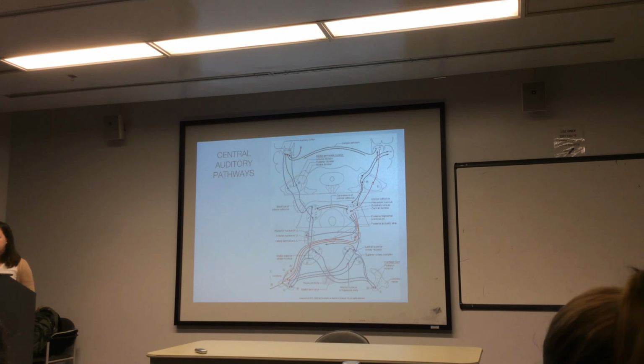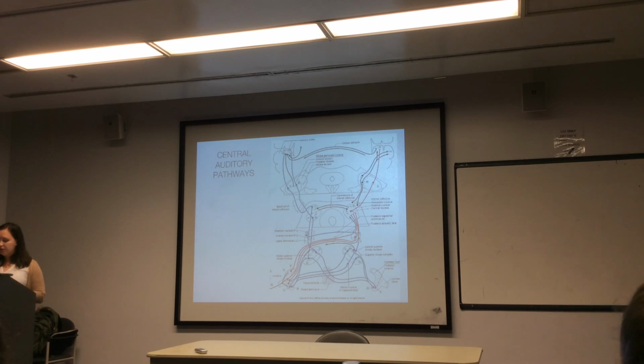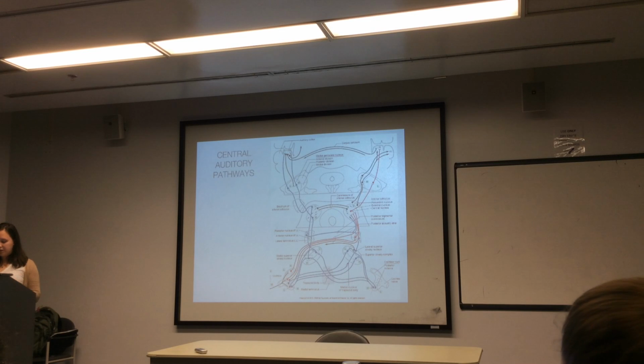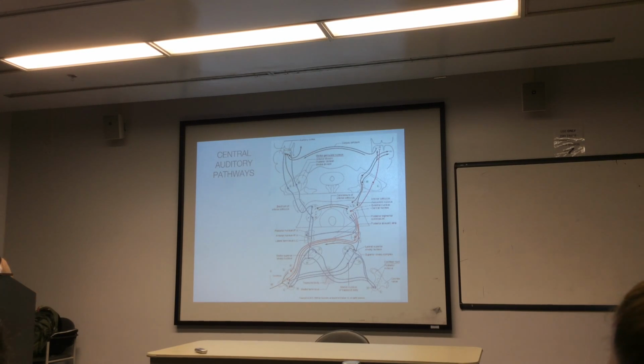You have the posterior pericentral, and this one is going to project preferentially to the secondary auditory cortex, and that's again important for habituation, but it's also important for attention, so detecting novel stimuli. In addition to that, you'll have the magnocellular nuclei, and those are important for more multisensory functions, and they project to the association cortices. Okay, so you can see from there, it just projects up to the cortices.